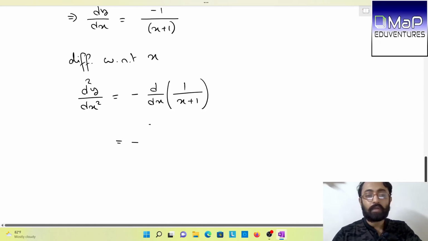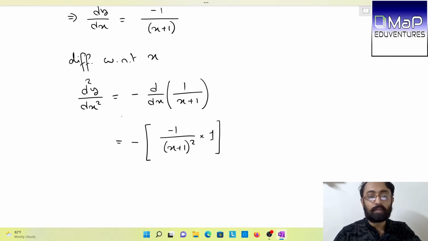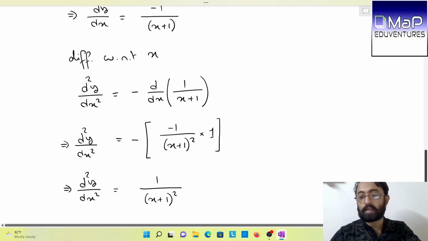Now let us see. d/dx of 1 by f(x) is again of the same form, so again we will get minus 1 by x plus 1 whole square into 1. So our d2y by dx2 is 1 by x plus 1 whole square.